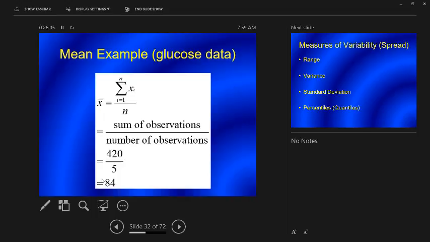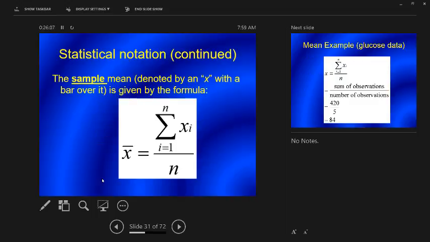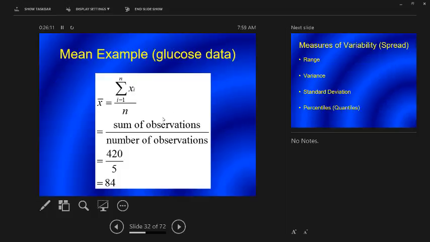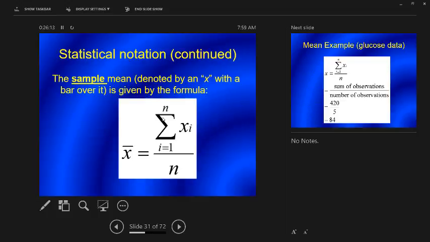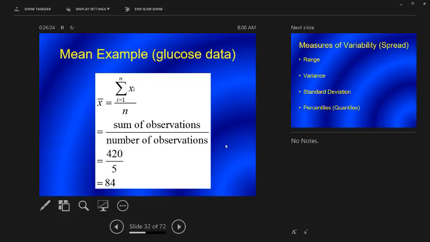So I just wanted to show you, intuitively, you already knew how to compute the average, but if I were to give you this formula right here and say to do it, you probably wouldn't have known how. But hopefully now you get a feel for how this statistical notation, this formula, translates into the actual computation. Just wanted to give you a feel for that, because in statistics, we have to be able to communicate that.